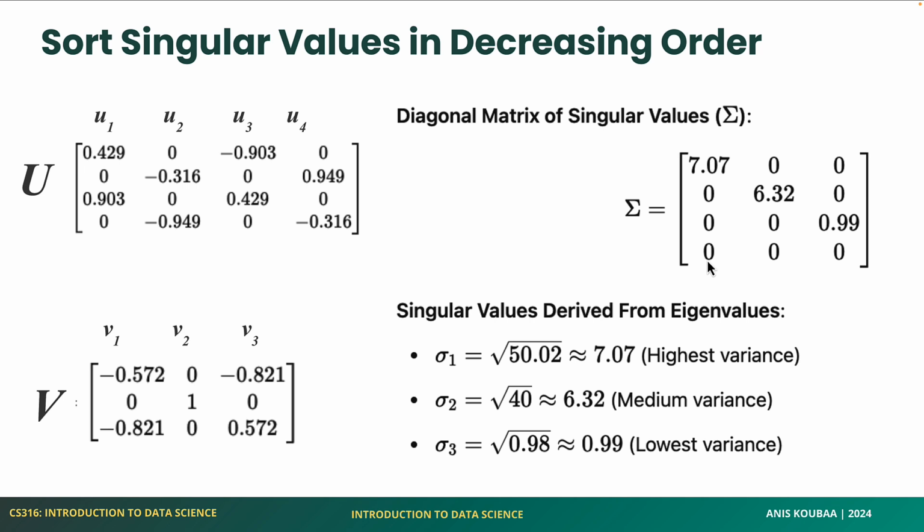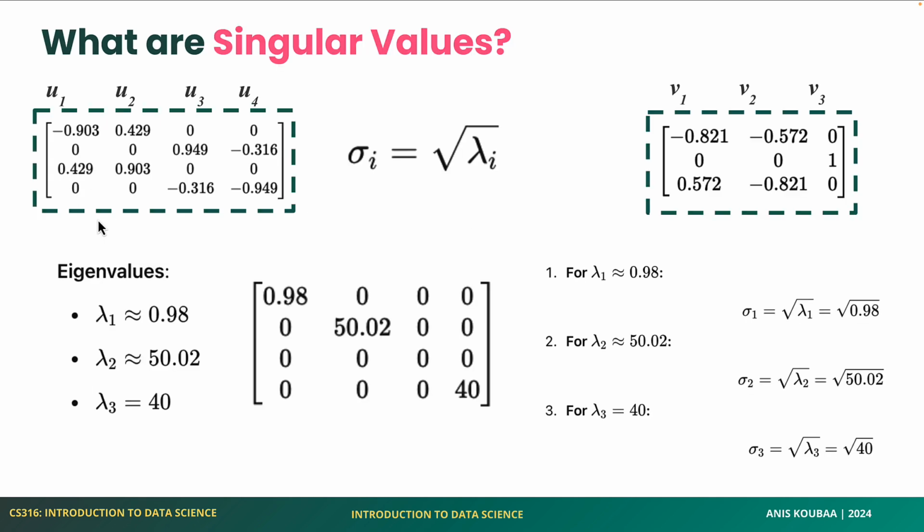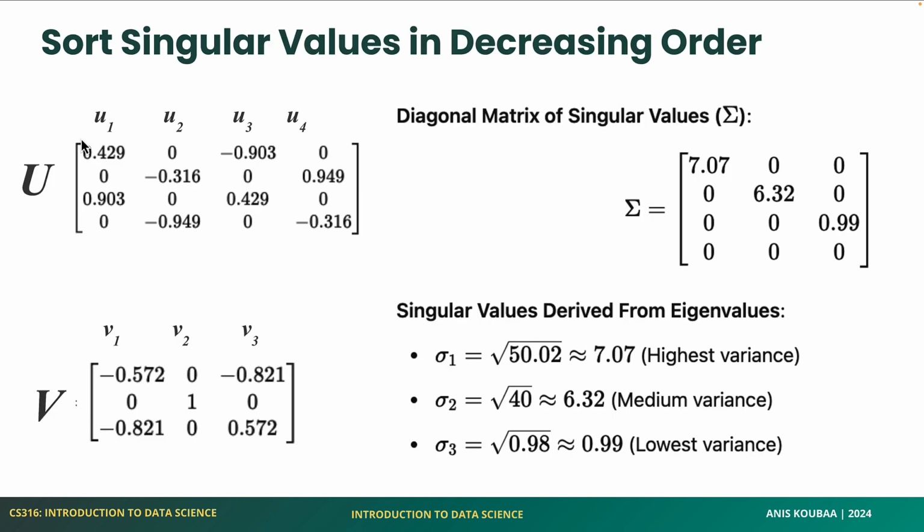And since we organized these singular values in decreasing order, we also need to rearrange the eigenvectors to be in the same order. This eigenvector was like this, and now we reorganized it.